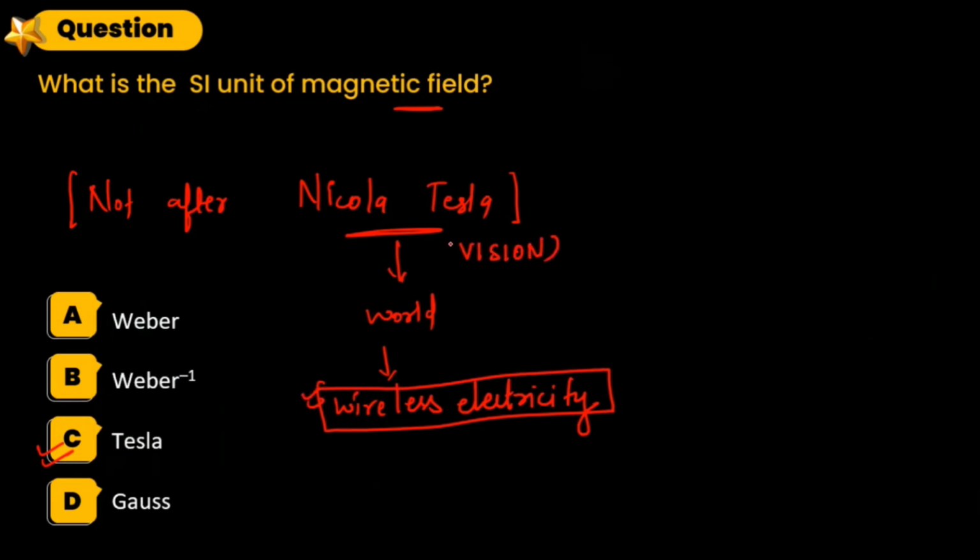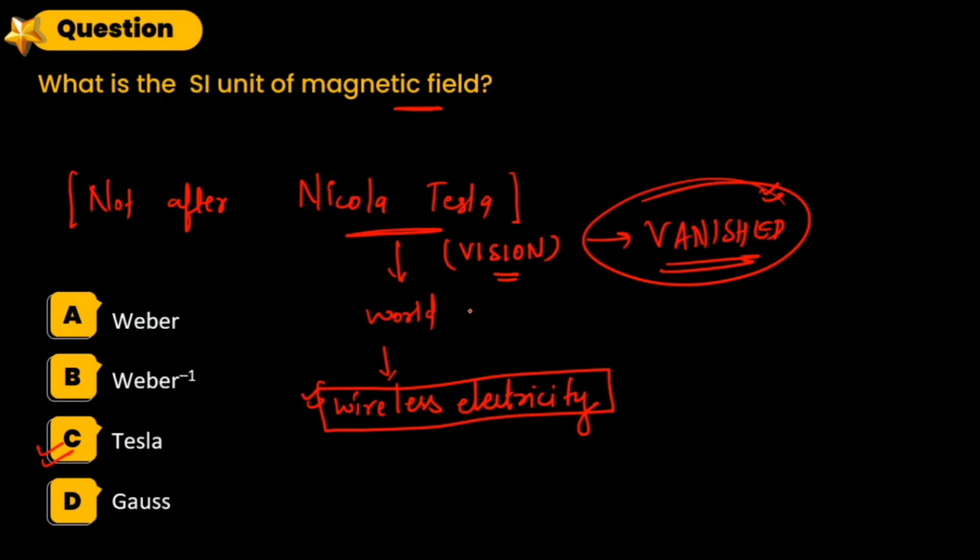Like we are somehow able to distribute wireless electricity through whatever space we want. But all his discoveries and theories and whatever he did in order to get that wireless electricity just vanished overnight. He did a lot of research on this, but all of his discoveries vanished and no one has any idea where they went.